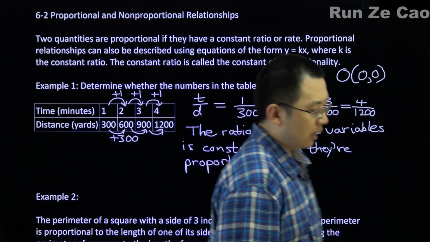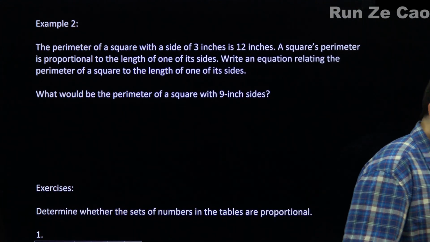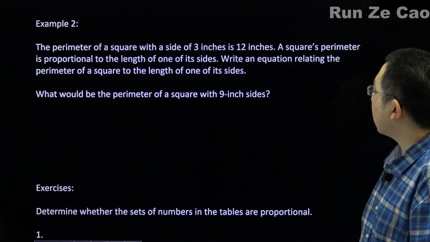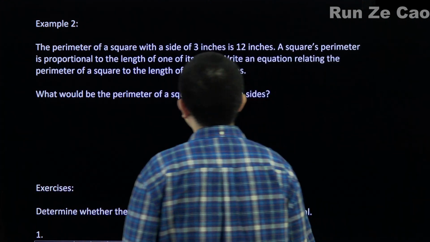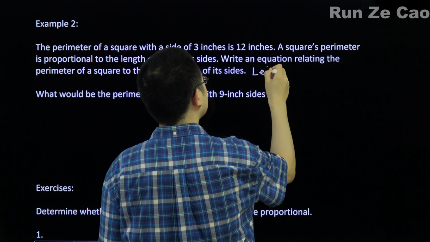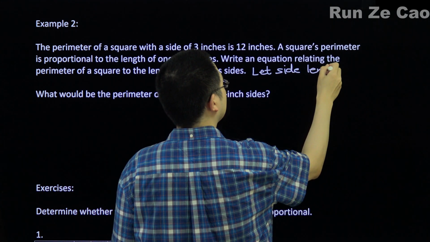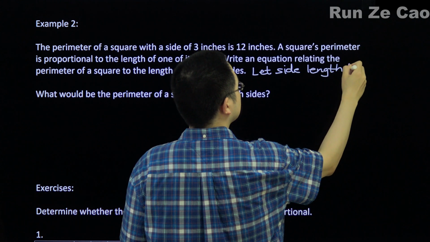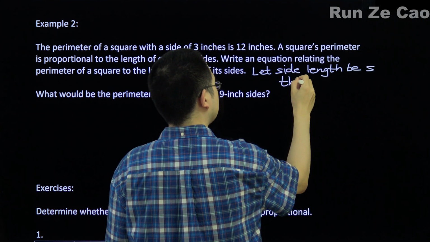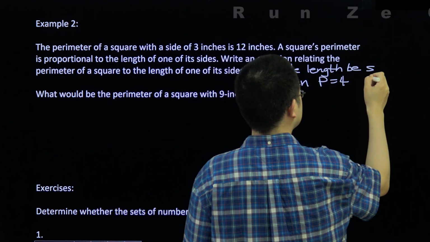Okay then. Let's say we have a square. A square's perimeter is proportional to the length of one of its sides. Well, let side length be S. Then P is equal to 4S.